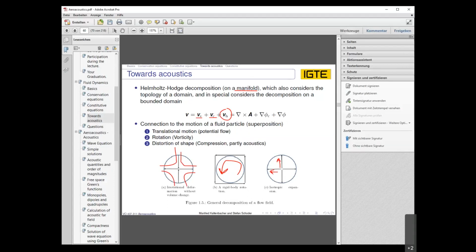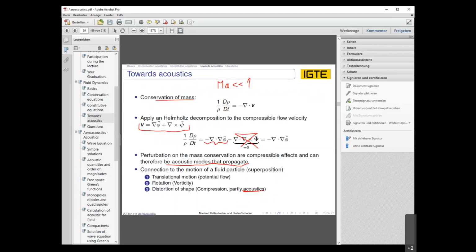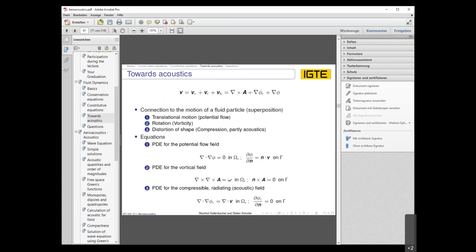So doing Helmholtz decomposition on a bounded domain, we have three components, and that's more or less it. And important to note, if we have low Mach number, the density variations are connected to acoustics, and these are the acoustic modes that propagate. Okay, any questions on that?